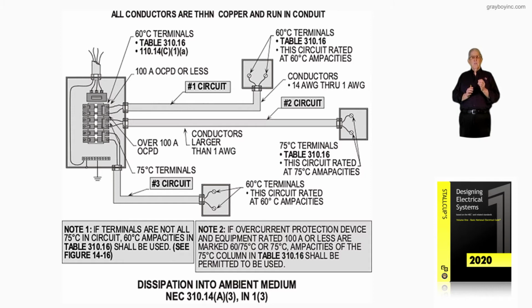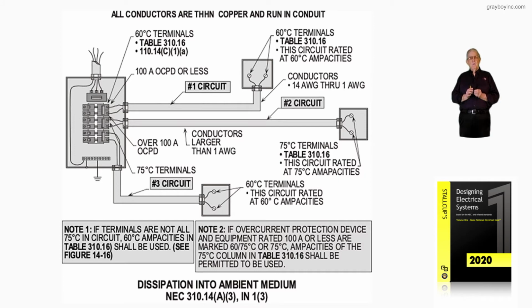Now, with this thought in mind, read the very top of the illustration: all conductors are THWN and run in conduit. Let's look at circuit number 1. The overcurrent device is 100 amps or less in rating.